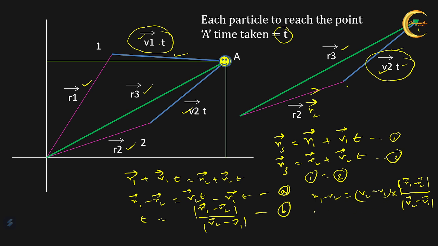So the vector R1 minus R2 divided by mod of R1 minus R2 equals the vector V2 minus V1 divided by mod of V2 minus V1. So this is the interrelation of these four vectors.